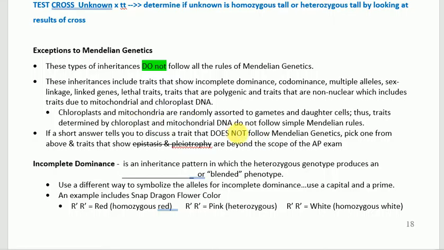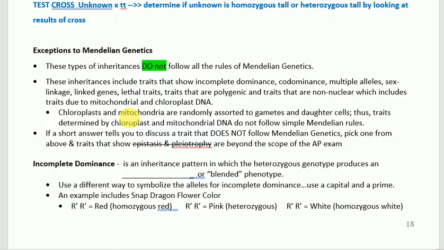They include traits that show incomplete dominance, codominance, there could be multiple alleles, there could be sex linkage, linked genes, lethal traits, traits that are polygenic, and traits that are non-nuclear, which includes traits due to mitochondrial and chloroplast DNA. The chloroplasts and the mitochondria are randomly assorted to the gametes and the daughter cells, so the traits determined by them don't follow the rules.